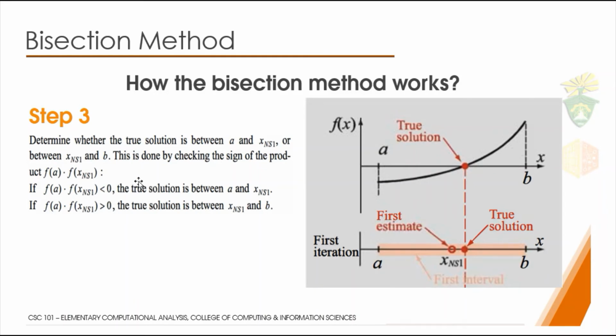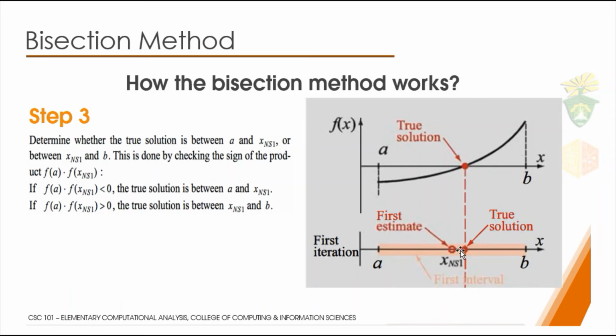If f of a times f of x sub n+1 is less than 0, that means the true solution is between these. But if it is not, then the true solution is within this other interval here.